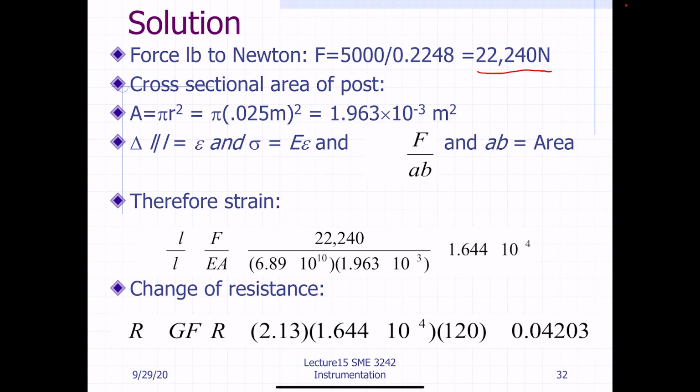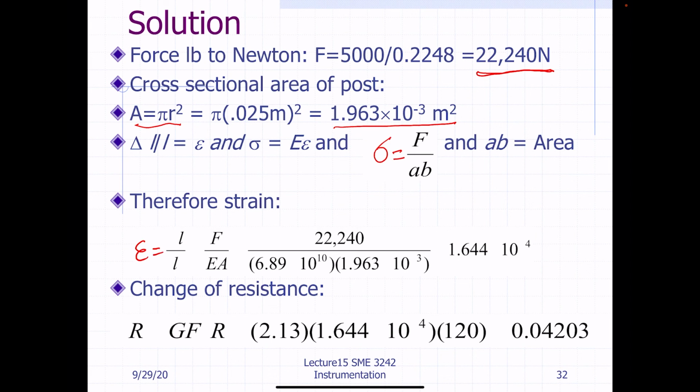Given the force acting on the load cell is 5,000 pounds, we convert that to Newtons. Then we calculate the cross-sectional area since that is an aluminium rod. So area is pi r squared. Given area is this value.